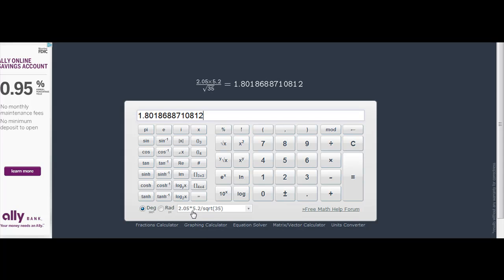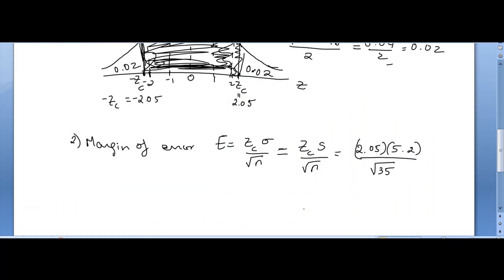So up to 2 decimal places it would be 1.80, up to 1 decimal place it's 1.8, and we will just consider 1 decimal place. So going back to our example, our answer is 1.8, correct to 1 decimal place. So that is the margin of error.